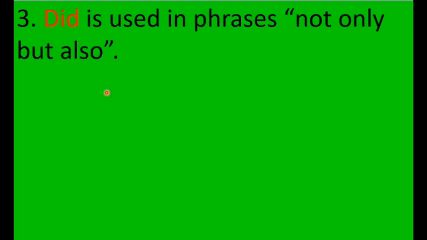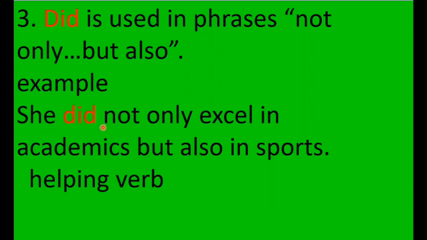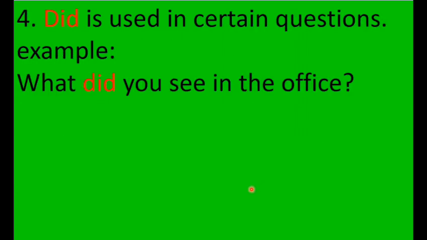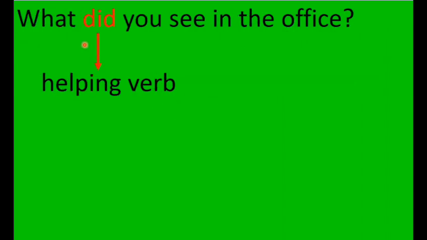Okay. Number 3, did is used also in the phrase not only but also. Example, she did not only excel in academics but also in sports. Now here, did is our helping verb, excel is our main verb. Okay. And number 4, did is also used in certain questions. Example, what did you see in the office? Okay.